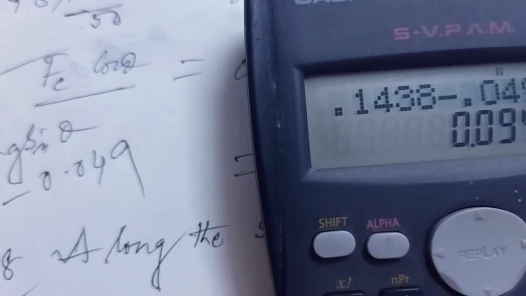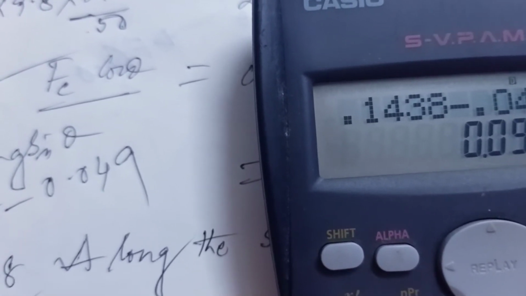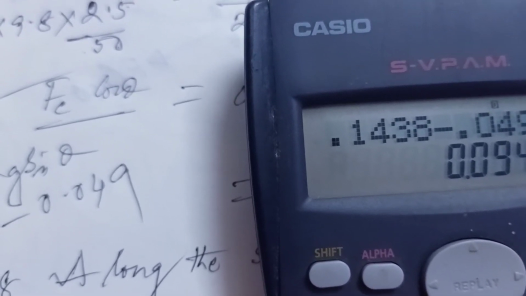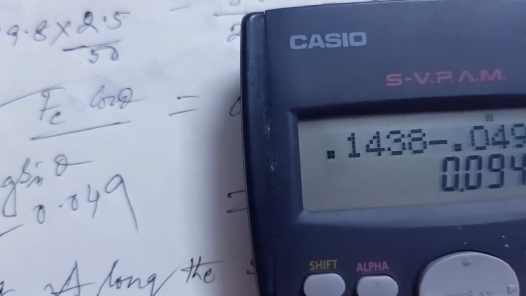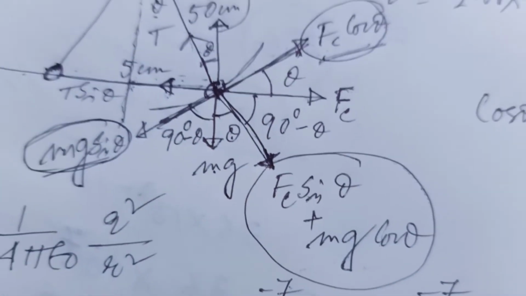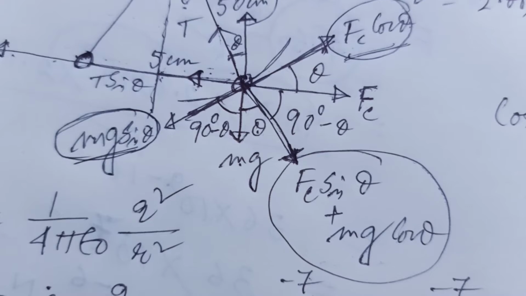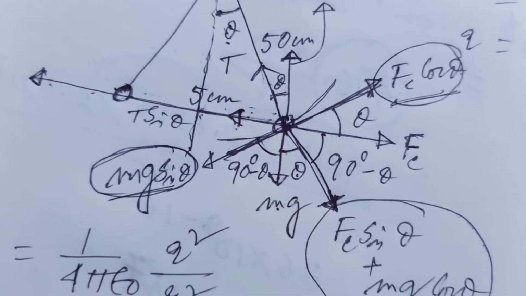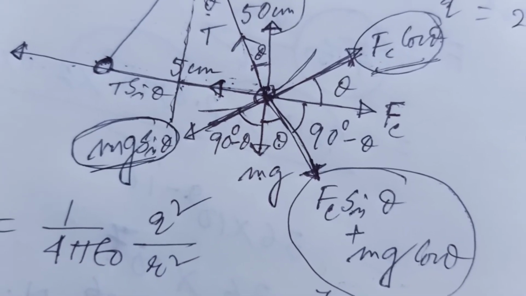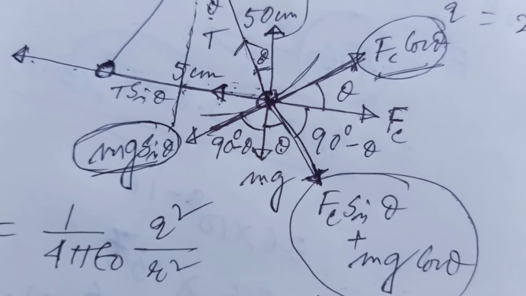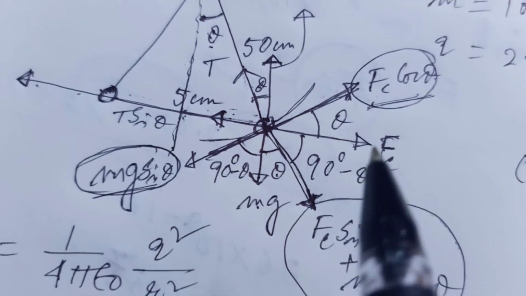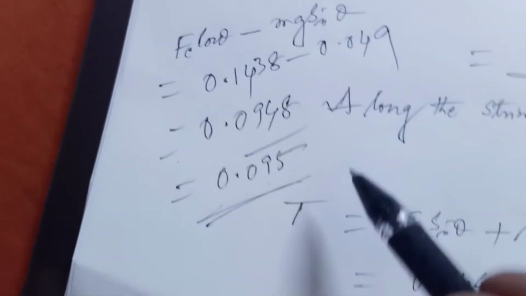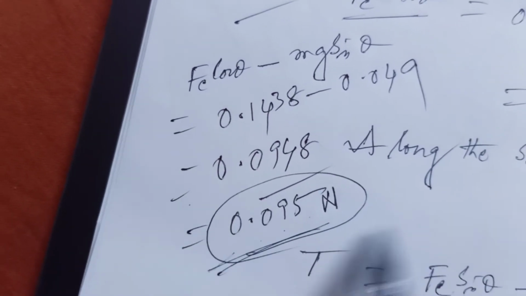So that particular force along this direction is 0.095. This amount of force acts along this direction, the net force.